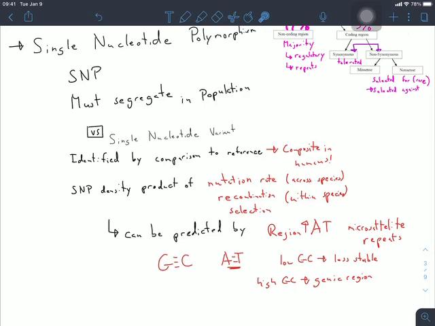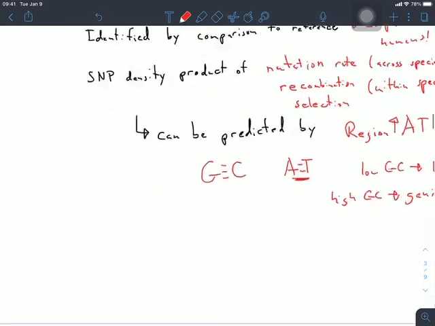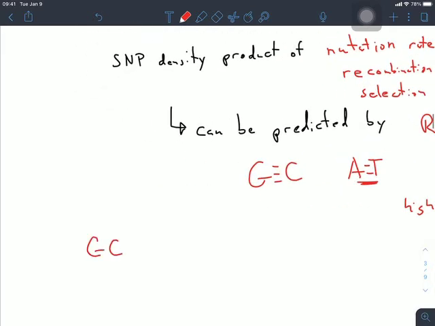Now, GC content and AT content vary by species. And this is kind of a hint that we need to start looking outside of a single species or even outside of a single population to better understand how these SNPs look and how these SNPs segregate. Because some of our variations, some of our SNPs are going to be really old.